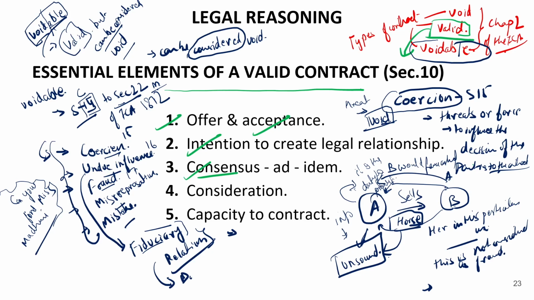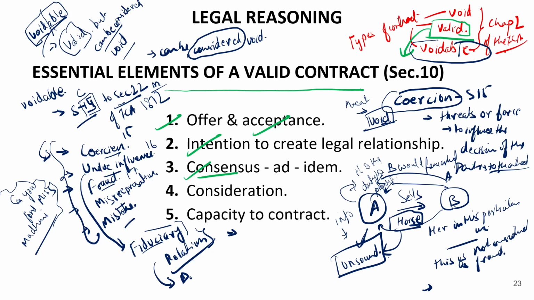So now if there is a relation that exists between A and B, of daughter and father, then it becomes the duty of the father to explain that the particular horse she is taking is of unsound nature. Then only it will be considered a valid contract.